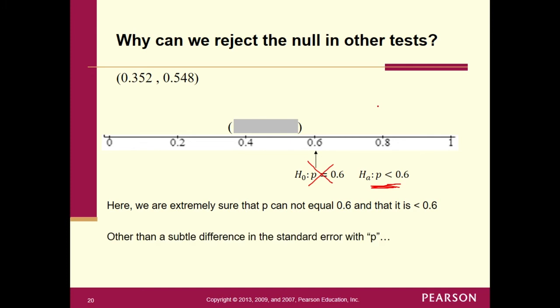So other than a subtle difference in the standard error with P, meaning there's a little subtlety with regards to the standard error with regards to the confidence interval versus the hypothesis test. Okay. Other than that small subtlety, a confidence interval is the same as conducting a two-tailed test, and that is true for every parameter. So if you are going to construct a confidence interval, basically, you know what's going to happen with a two-tailed test then, all right?